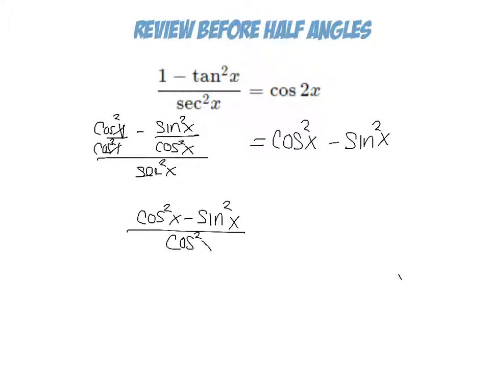Well, what I'm going to do is bring that secant squared up, and I'm going to call it a cosine squared. Remember, you can bring that up. So I'm going to undo what I just wrote there and bring the secant squared up and call it a cosine squared. Now when I bring it up, it's now cosine squared over 1.